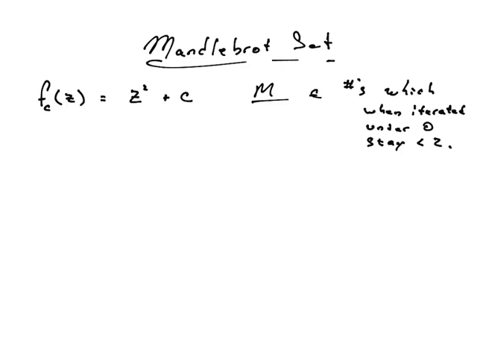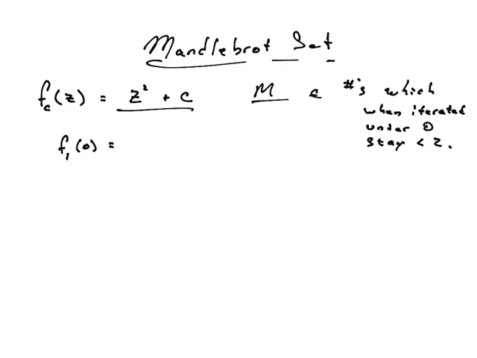Alright, so how does it work? Well, first of all, let's try f of 1, 0. Again, this is the function z squared plus c. z is any number. We just plug a number in for z. c is set.